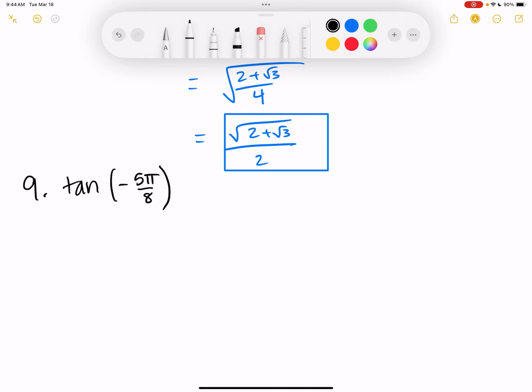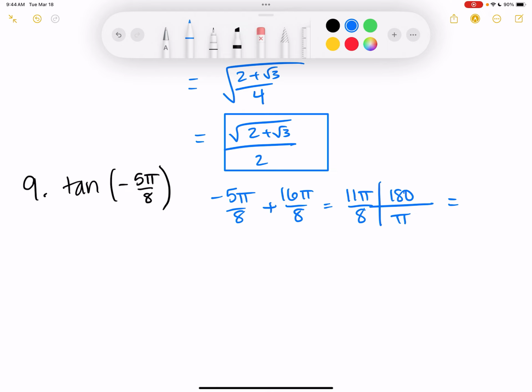How do I find the coterminal of a radian? You add 2 pi until you get a positive. So that would be 16 pi over 8 minus 5 pi over 8. So what would that be? 11 pi over 8. Now we can use Ryan's method and convert.